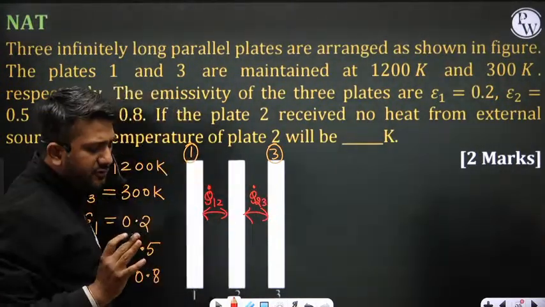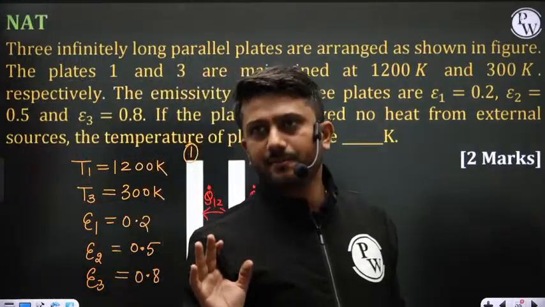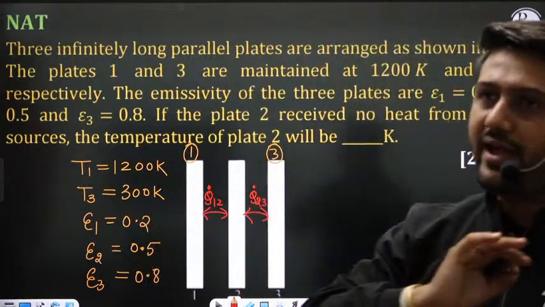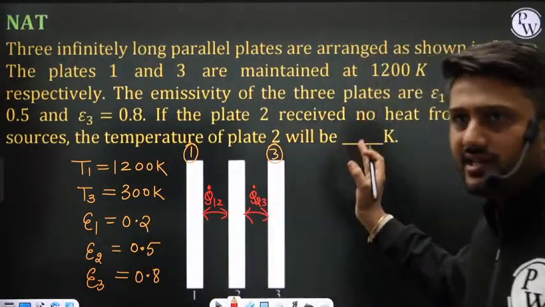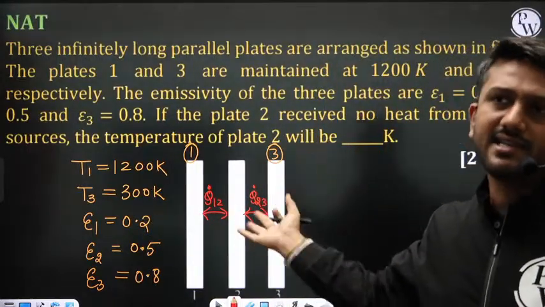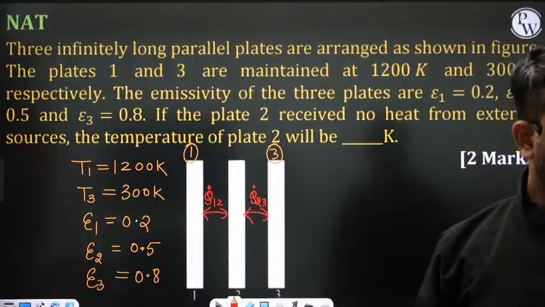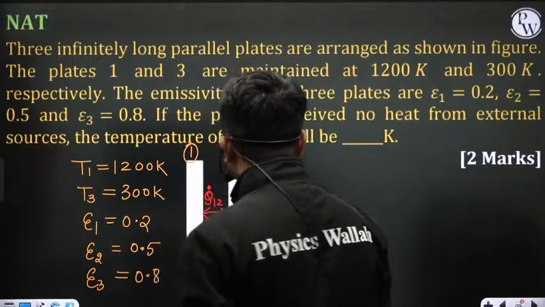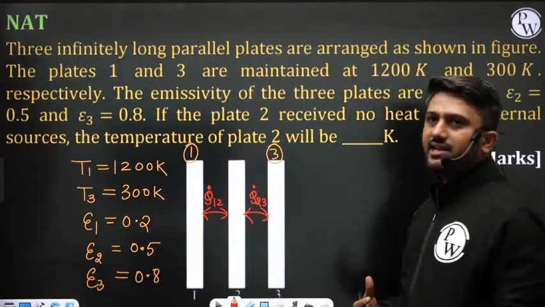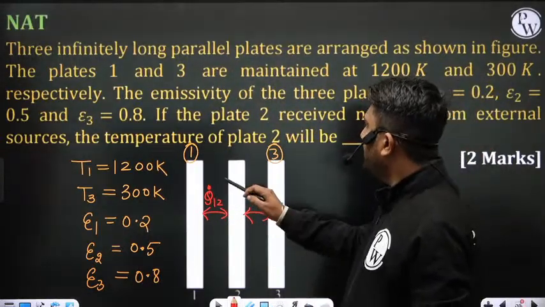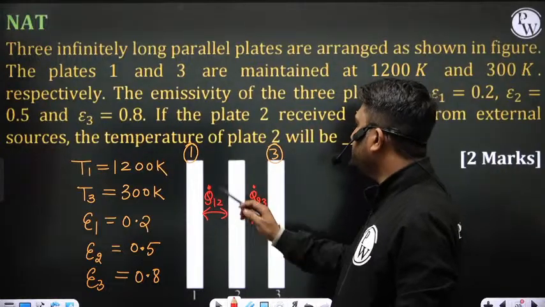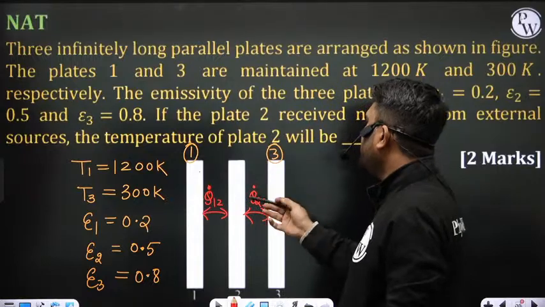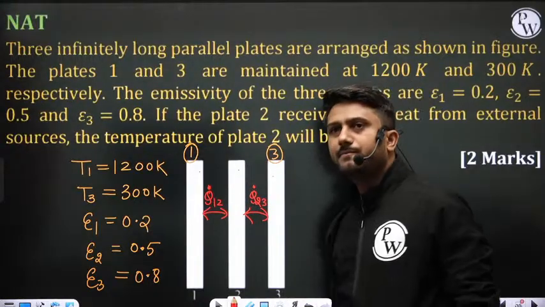Because if you write the thermal resistances here, it is very much clear this connection is a series connection. The plates are connected in series. So in the series connection, the rate of radiation heat exchange between these two plates is equal to the rate of radiation heat exchange between this plate and this plate.